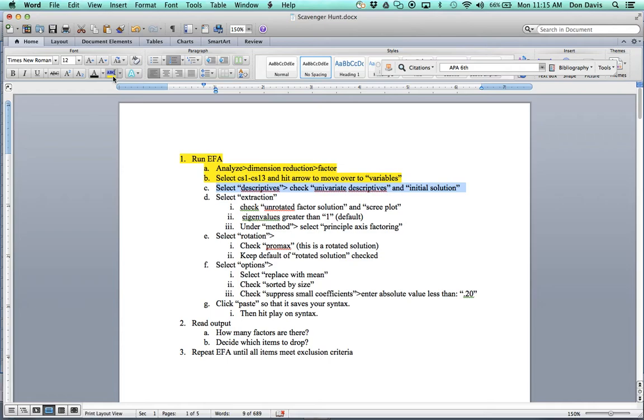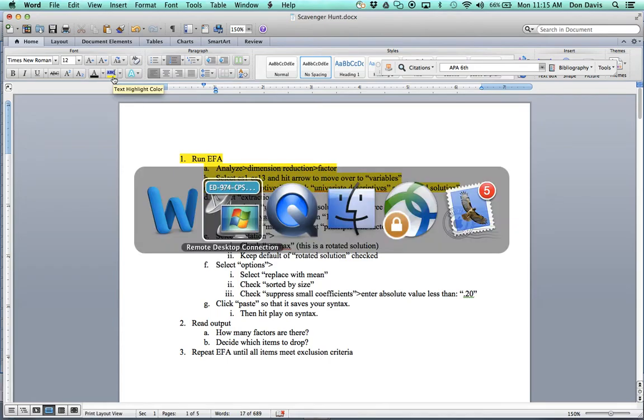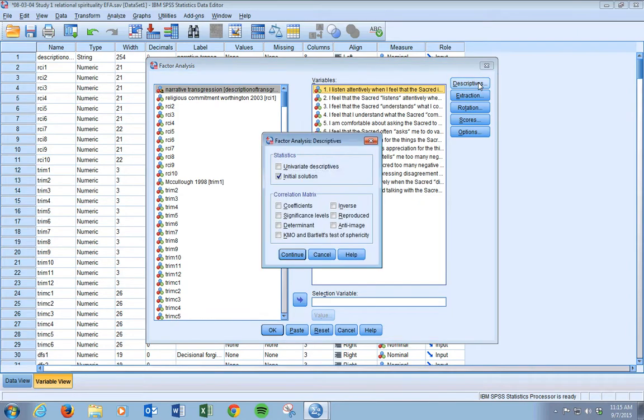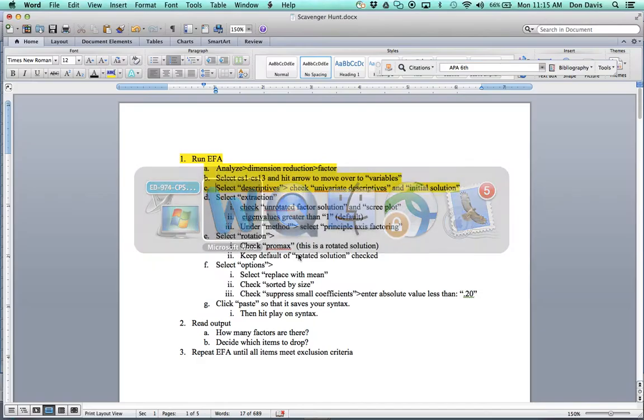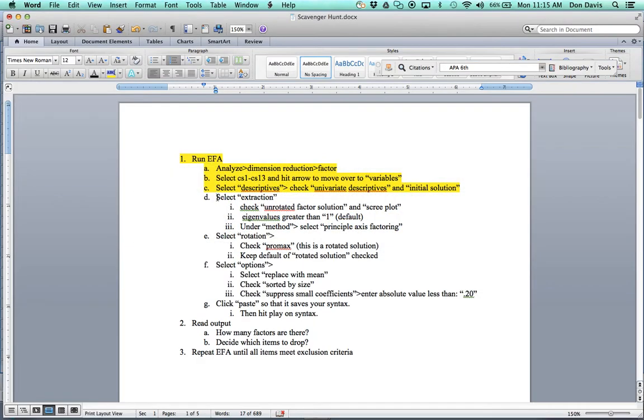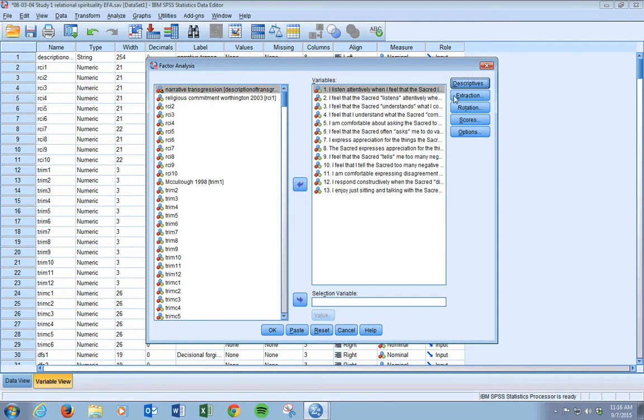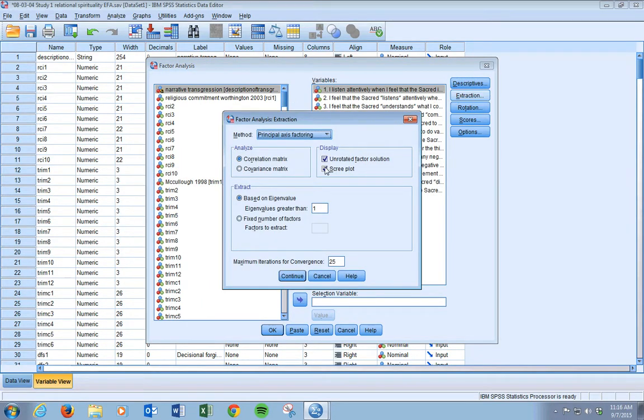So descriptives, you want to check univariate and initial solution. Next, we're going to go to select extraction, and we want to check unrotated factor and scree plot.